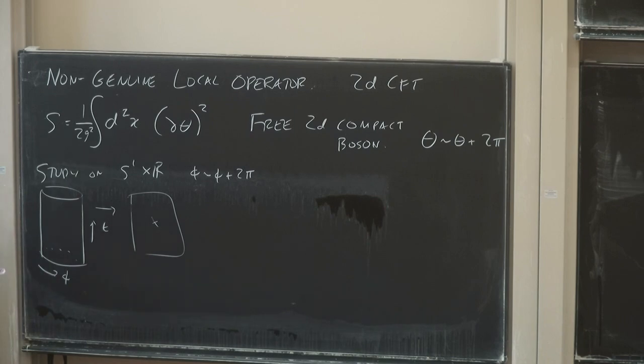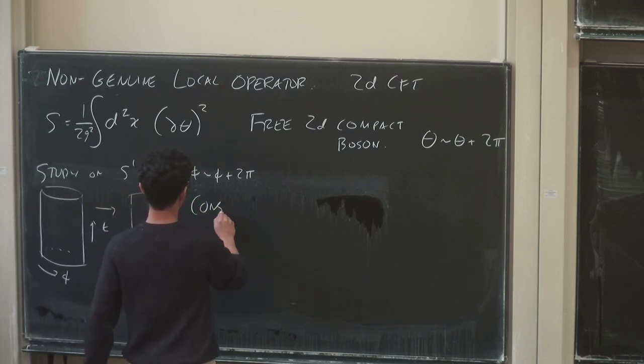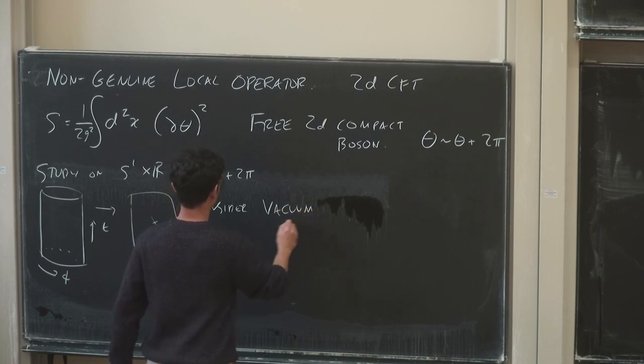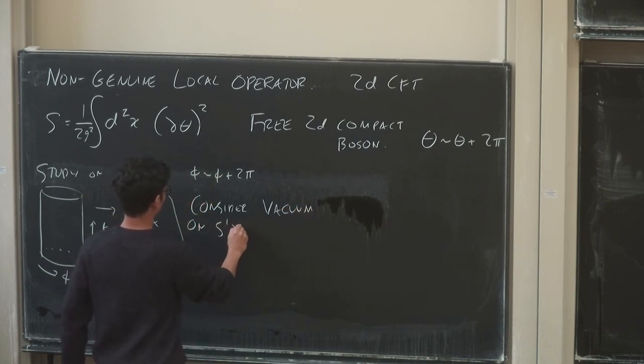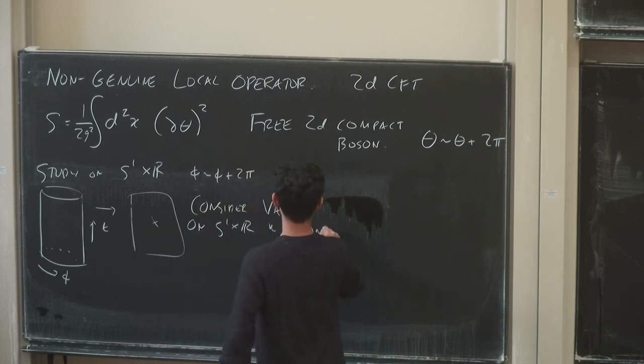So now we're going to run the state operator correspondence in a slightly more interesting way. Let us consider the vacuum on the cylinder, on S1 cross R, with twisted boundary conditions.